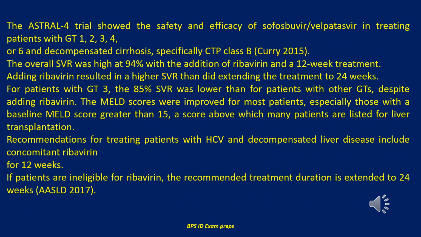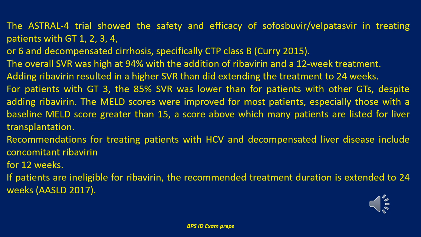The ASTRAL-4 trial showed the safety and efficacy of sofosbuvir plus velpatasvir in treating patients with genotype 1, 2, 3, 4, or 6 and decompensated cirrhosis, specifically CTP class B, according to Curry 2015. The overall SVR was higher at 94% with the addition of ribavirin and a 12-week treatment.